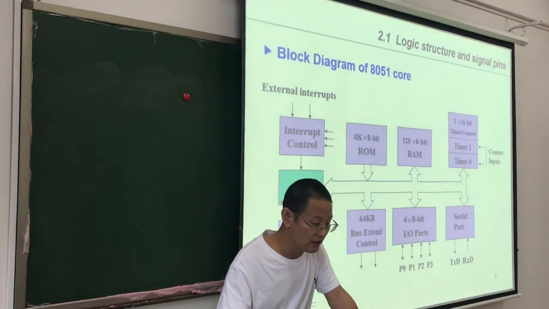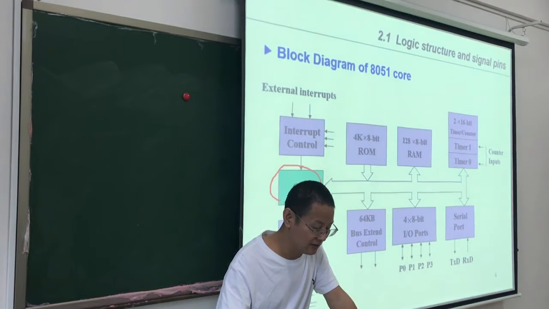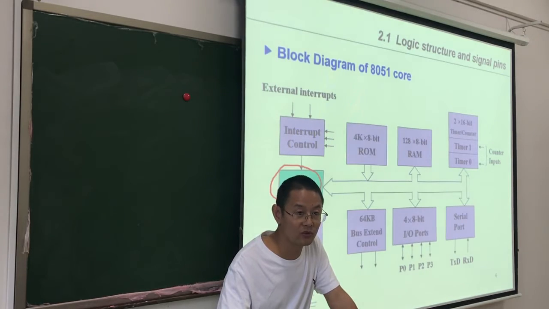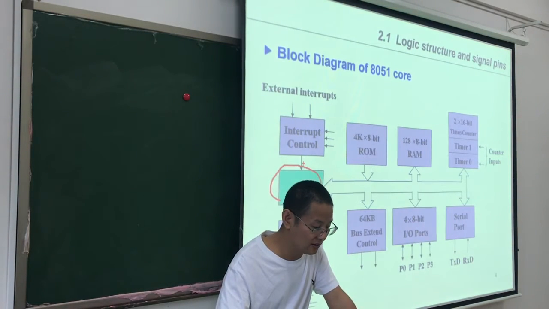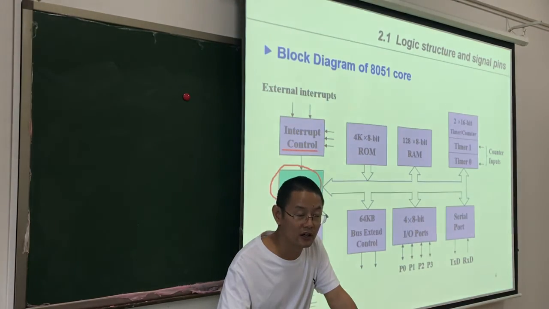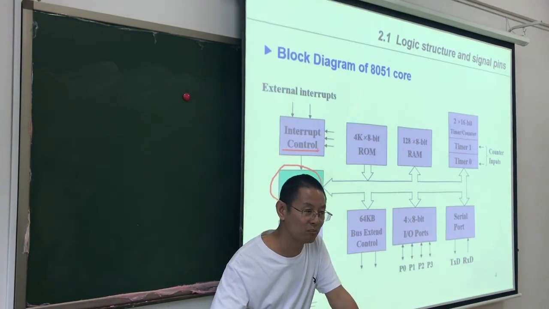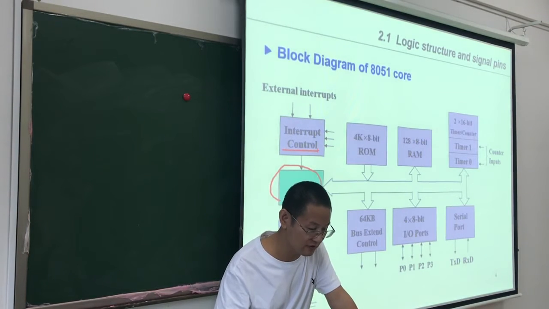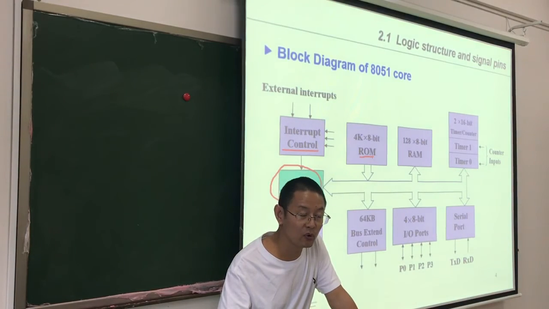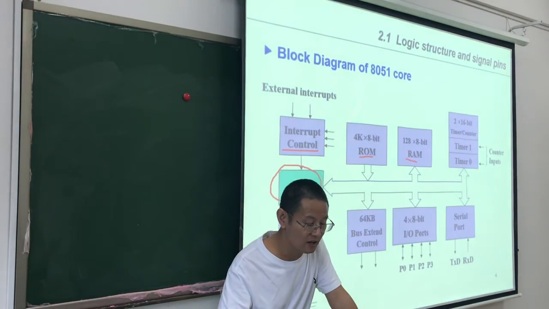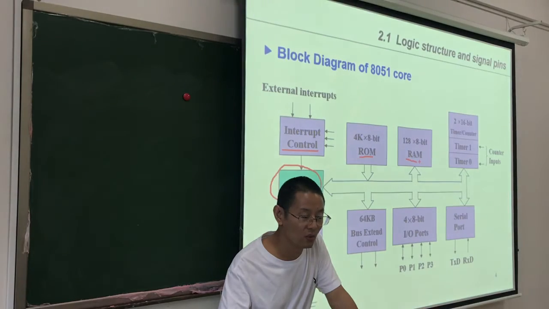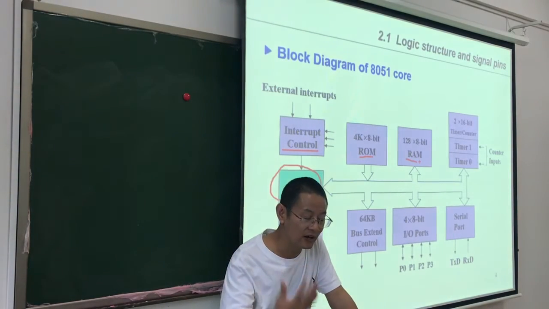This CPU is the core of a microcontroller. The OSC gives you the time sequence. The interrupt control handles the interrupt priorities. The ROM stores the program, and the RAM stores the data when we are running the program.